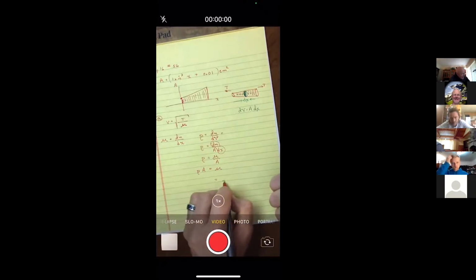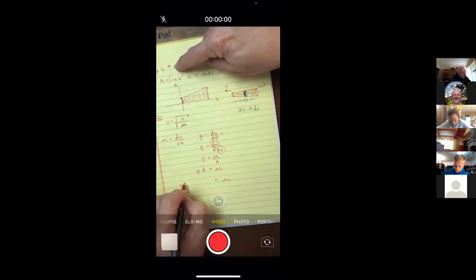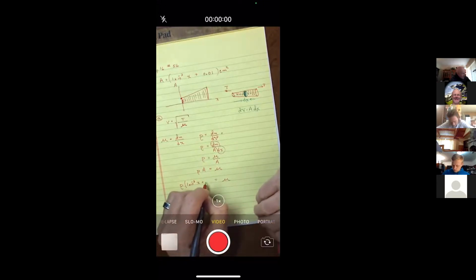So that means I know that this would be density times this function, which would be 1 times 10 to the minus 3 times x plus 0.01.